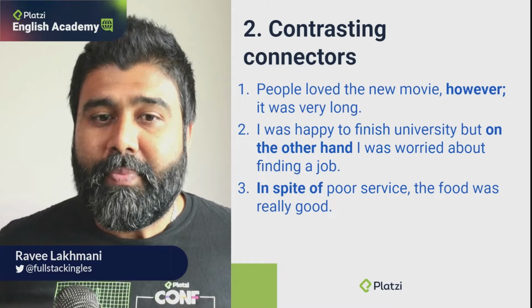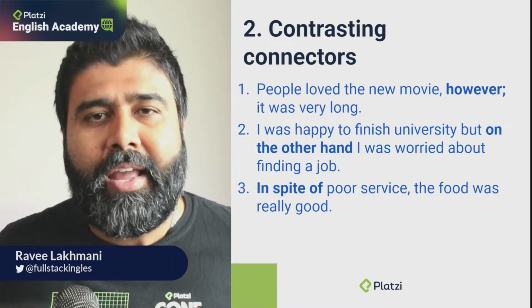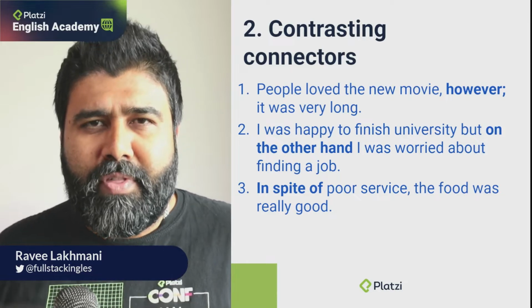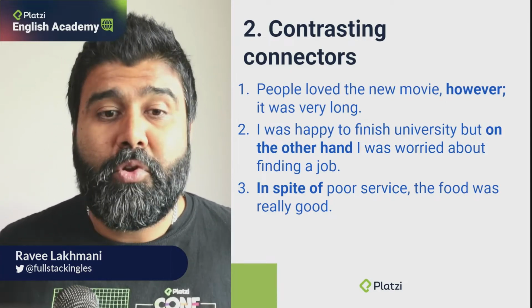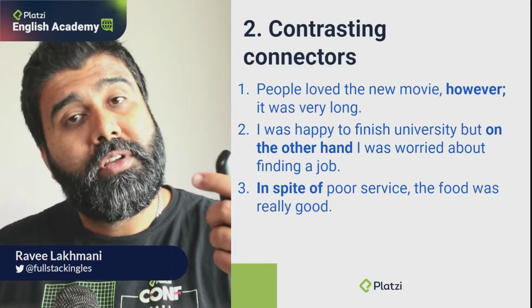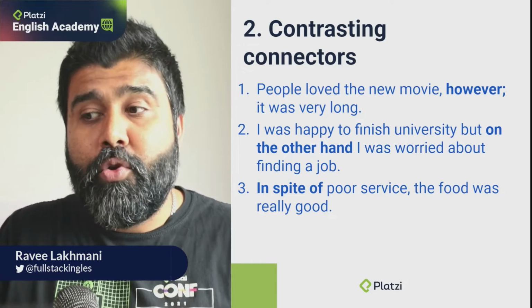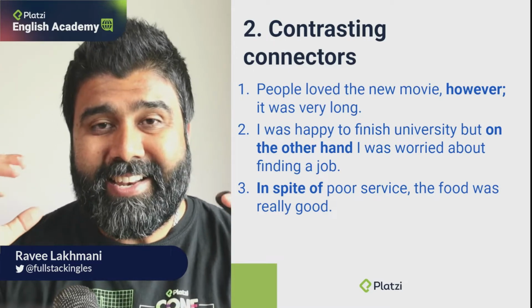Number three, in spite of poor service, the food was really good. Now you go to a restaurant and you think that the service is not that good, but the food was amazing. You can say in spite of something, something else was good. This way you can contrast between two things in one single sentence.